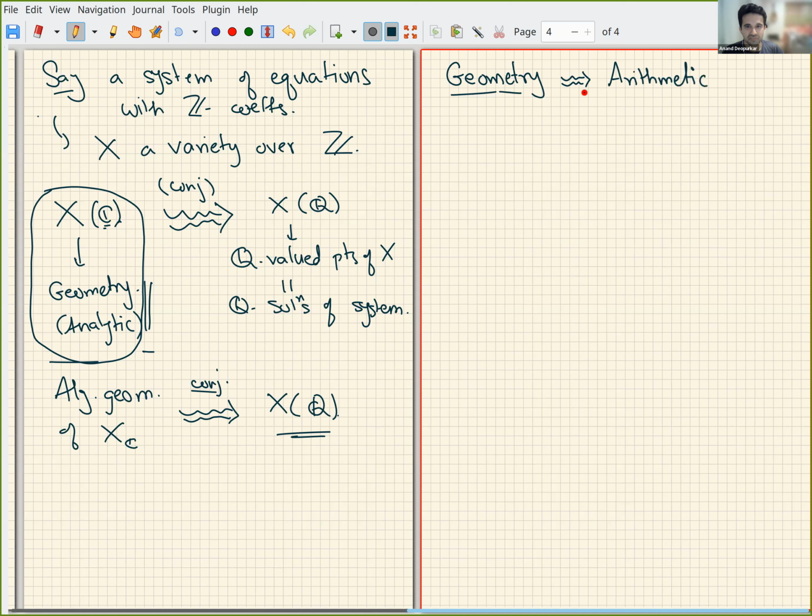And what I'm going to say are theorems in the dimension 1 case, okay? So let's take the case of curves. So X, let's say over Q, is a smooth projective curve.